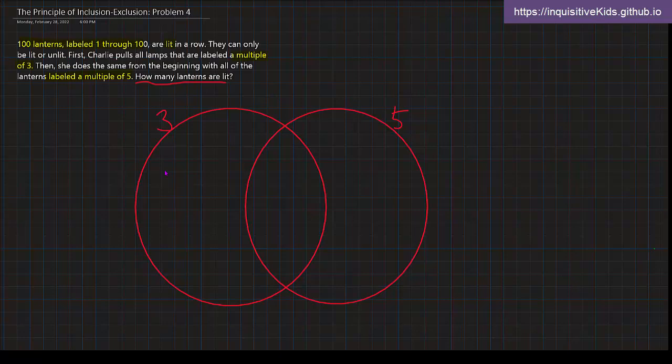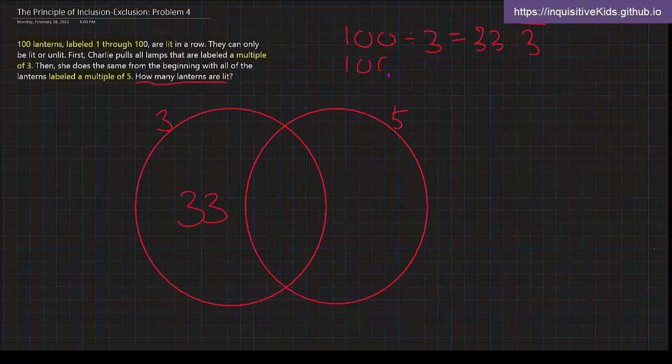So it's labeled 1 through 100. First, how many multiples of 3 are there? Well, we see how many groups of 3 fit evenly into 100. 100 divided by 3 gives us 33.3, and it keeps going on. But the number of whole groups of 3 that fit into 100 is 33. So it means that there are 33 multiples of 3 in 100.